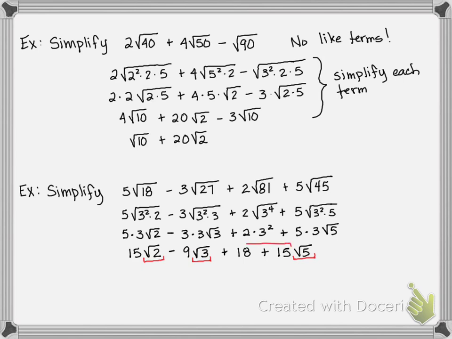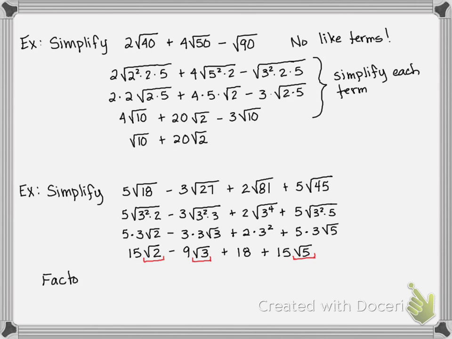Can I add these two? No, because it would be different. Correct. That would be like trying to add 18 plus 15x. Because that root 5 is being multiplied by the 15, I can't add the 15 and the 18, because that multiplication takes precedence.